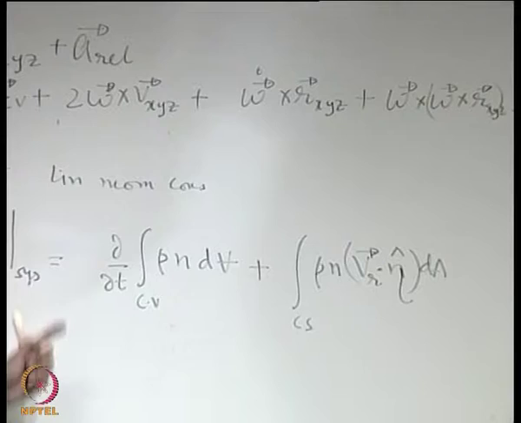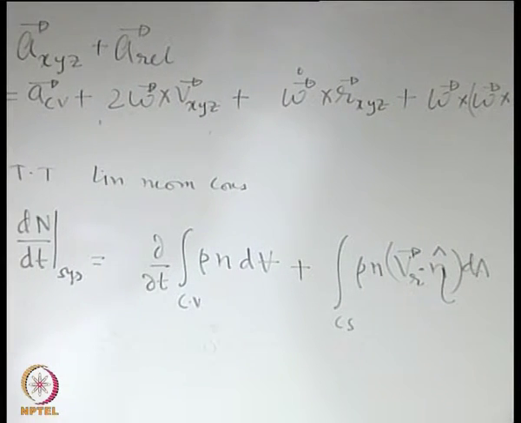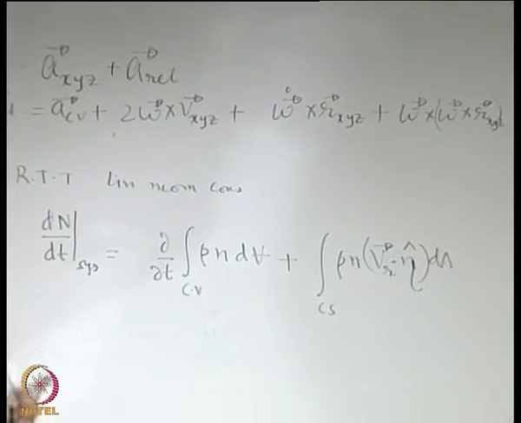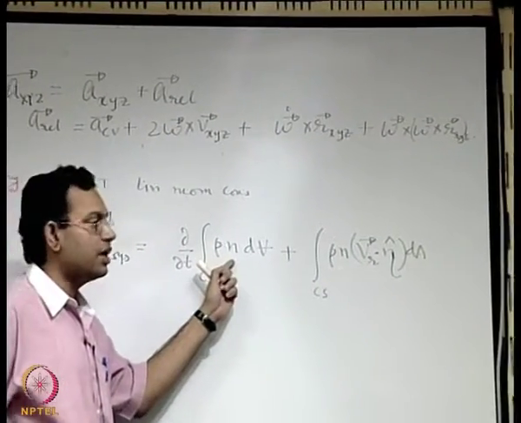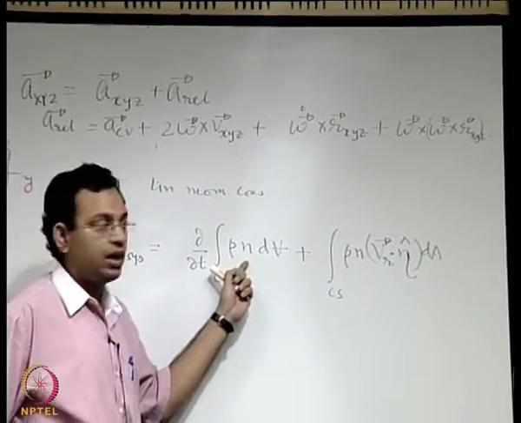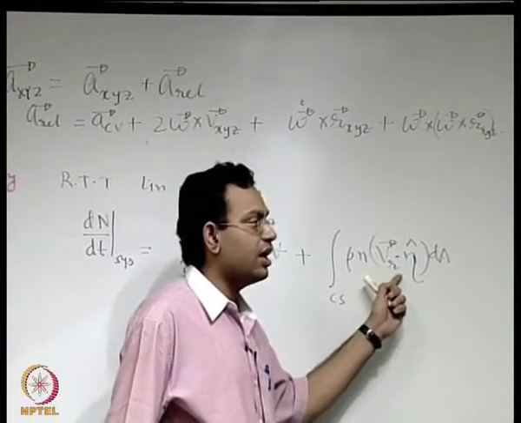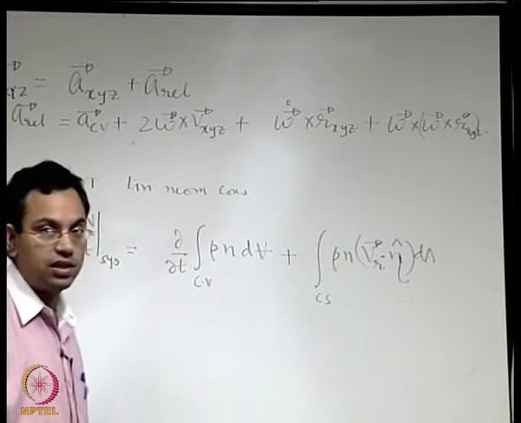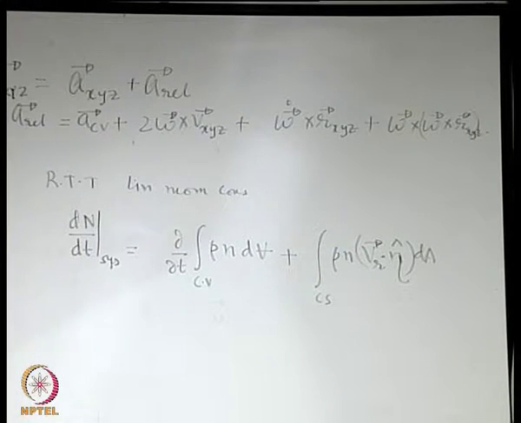We recall that capital N is the quantity that we are interested to conserve. It may be a scalar, it may be a vector. Small n is capital N per unit mass, and this eta is the unit vector normal to the elemental area that is considered for writing the area flux term.